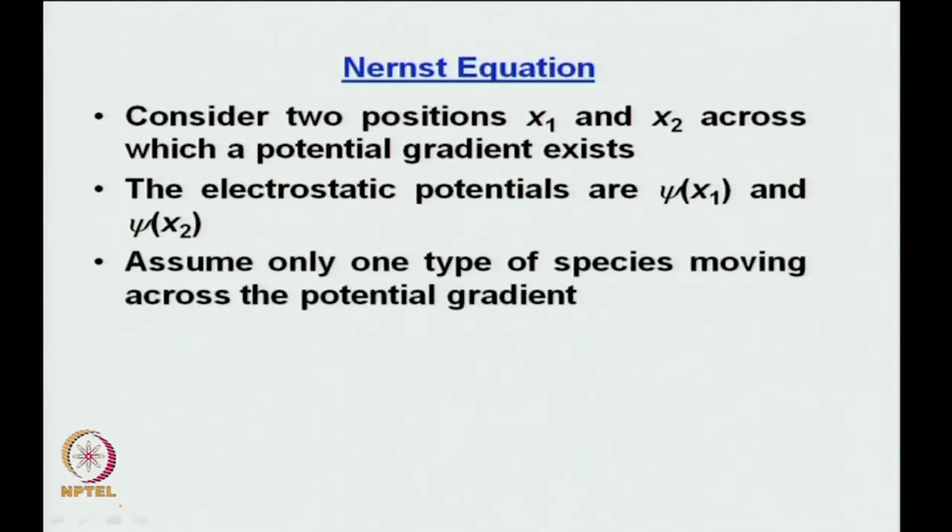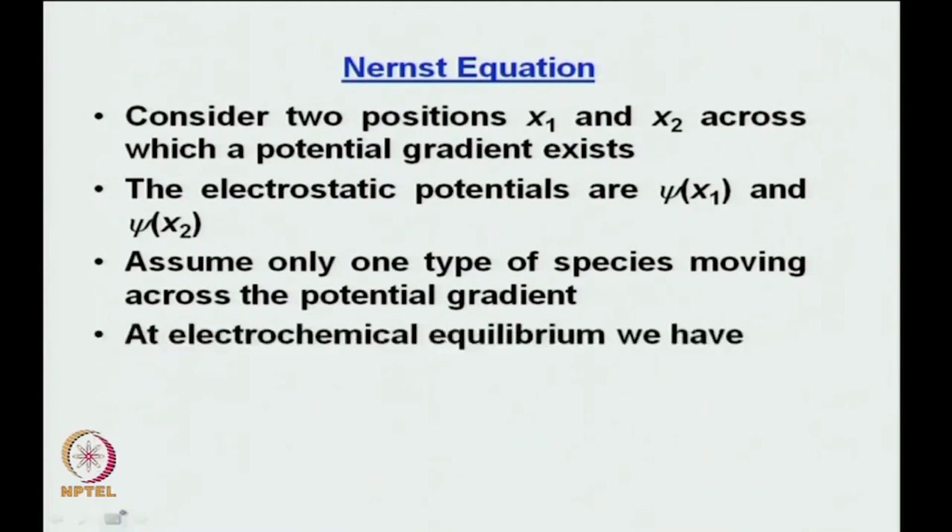So, assume that only one type of species is moving, that means there is nothing else, and hence I can get rid of I, because there is only one species for me. I do not need to label it by I. Then at electrochemical equilibrium, what I should be having is equality of electrochemical potential, isn't it?